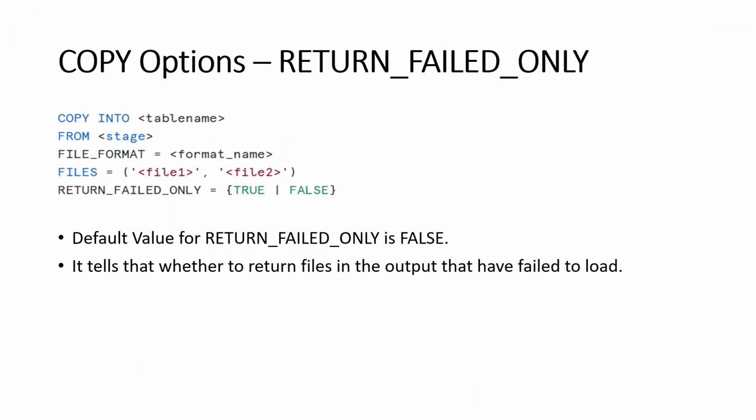Now next is return failed only. This option specifies whether to return files in the output that have failed to load. There are two options in it, true and false, and by default it is false. Let's see this in action.